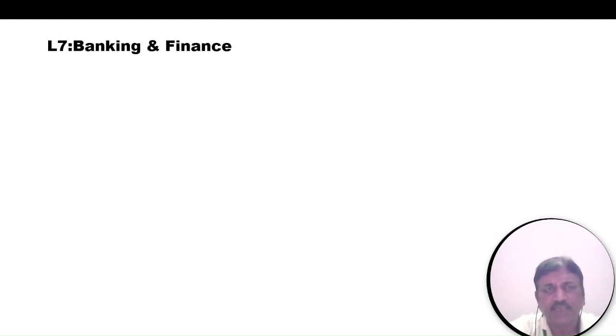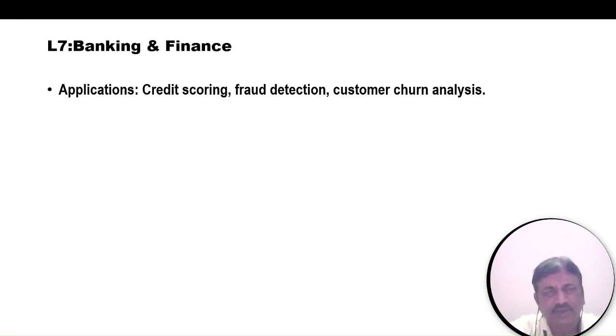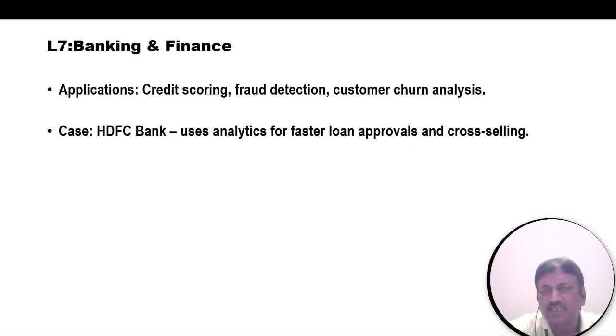Right. Then another sector, banking and finance. We have already seen some examples of banking and finance applications: credit scoring, fraud detection, customer churn analysis. Customer churn analysis uses data analytics, machine learning or AI algorithms to find out which customer will stop using your product or service, and you can do a certain kind of intervention to prevent them from stopping, to retain the customer.